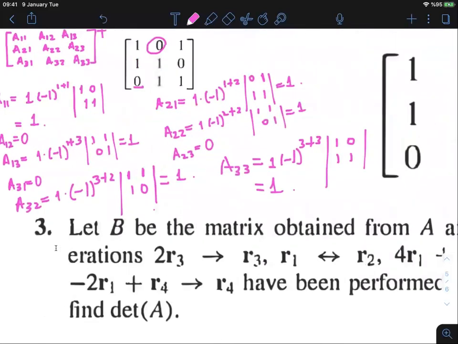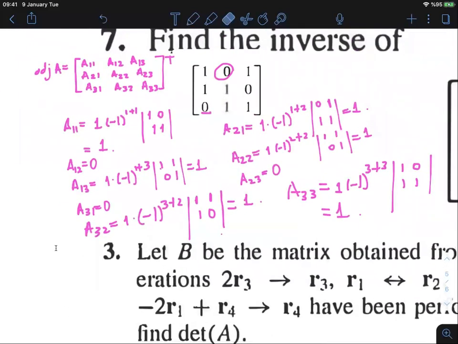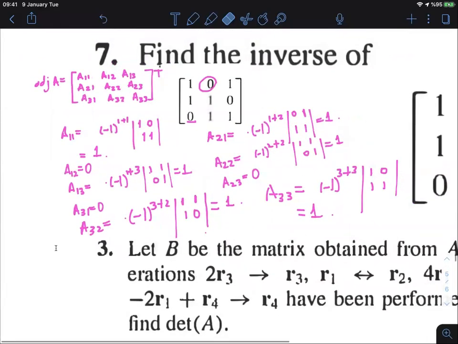When we compute the cofactors, I did something wrong. We're not multiplying with the entries of the matrix, so there shouldn't be ones here. Since all of these were one, we were lucky, and the result will not change. I'm sorry about that. The important thing is that when we're computing the cofactors, we don't multiply with the entries of the matrices.